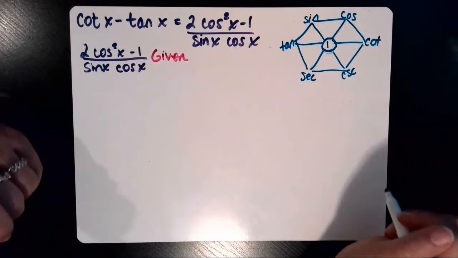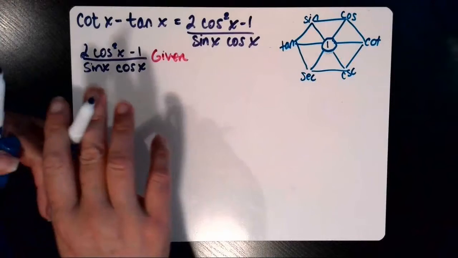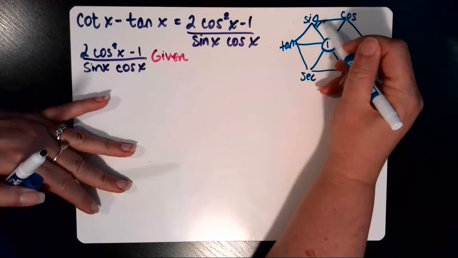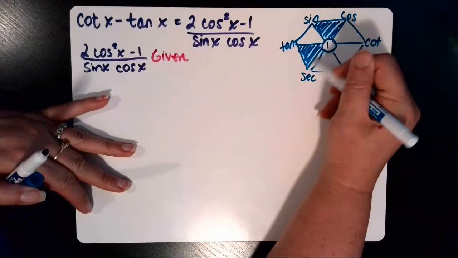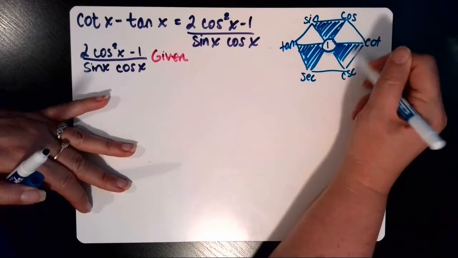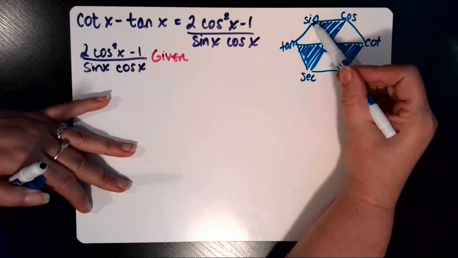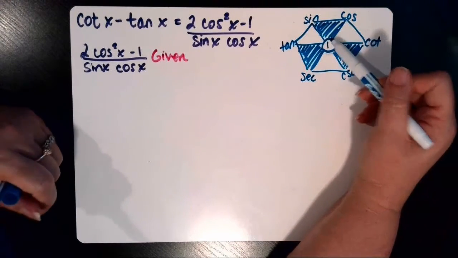So when I remember my triangles here, they remind me of the Pythagorean identities. So sine squared plus cosine squared equals 1.